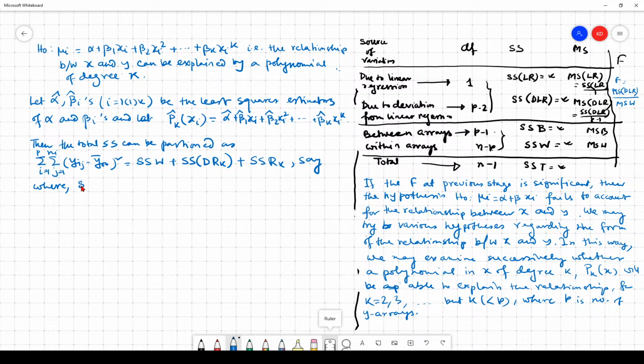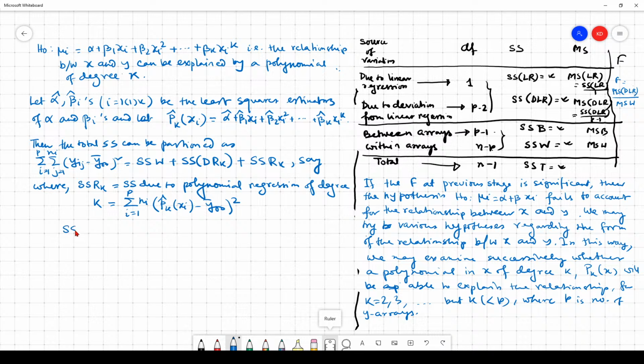this SSRK is due to polynomial regression of degree k, which is equal to, same way you can write this, sum over i from 1 to t ni Pk hat xi minus y naught naught bar whole square.